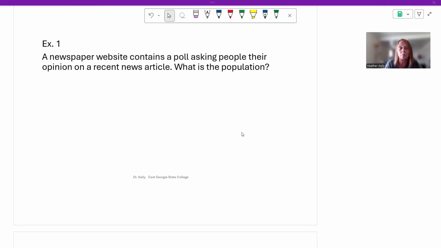Is it just everyone in Georgia? No, no. Is it just everyone in Atlanta even? No. It is the people that subscribe to that website. So the population are the subscribers of that site.